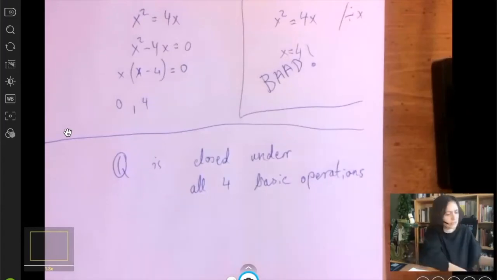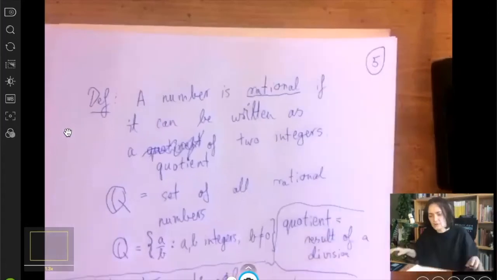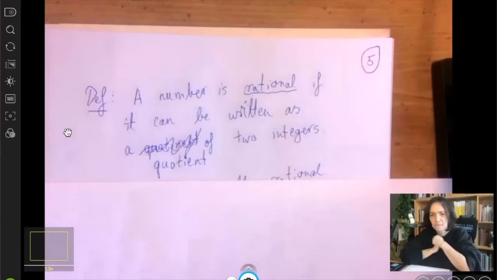So let's look at, if I find it, the definition of a rational number. So a number is rational if it can be written as a quotient of 2 integers. A number is irrational if, and all you have to do is put the word not strategically in here, so a number is irrational if it cannot be written as a quotient of 2 integers.